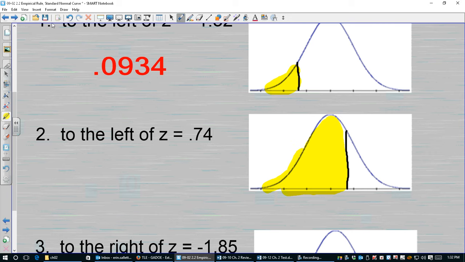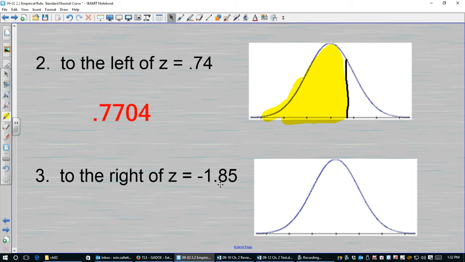And I look up that z-score in my z-score table, and I get 0.7704. So this area is 77.04% of the area underneath the curve, or 0.7704 out of the total of 1.